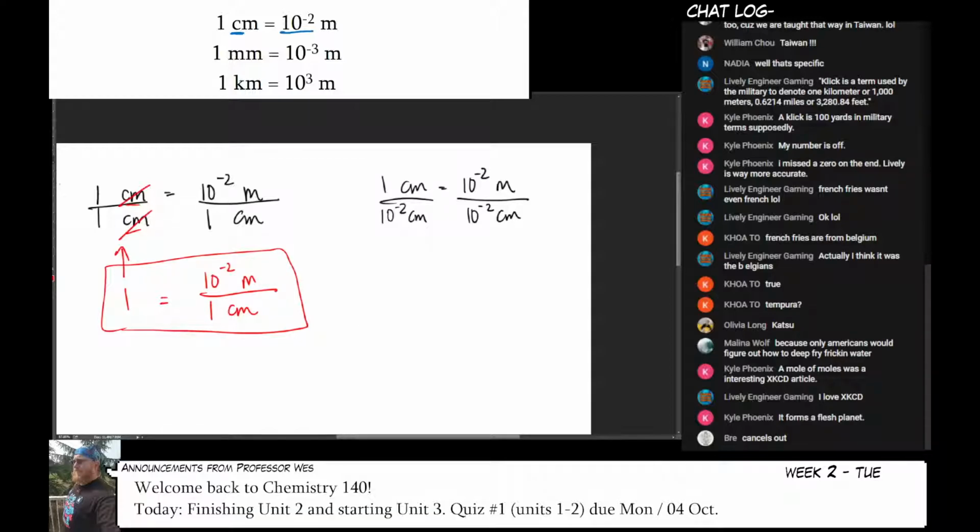Sorry, I messed up. We're going to divide by the other side, which is in meters. There you go. So now I can do the same thing here. Meters and meters cancel out. And 10 to the minus 2 and 10 to the minus 2 also cancel out. Everything cancels out on this side, so it's now just 1.